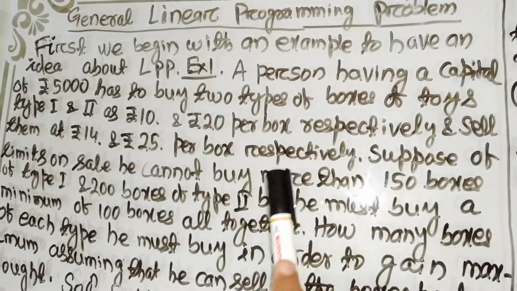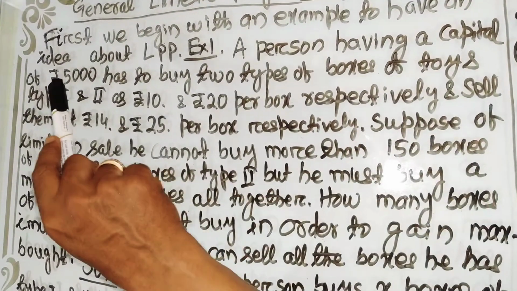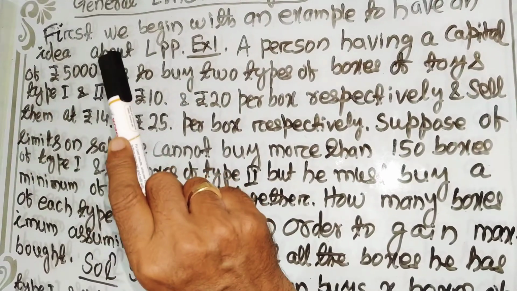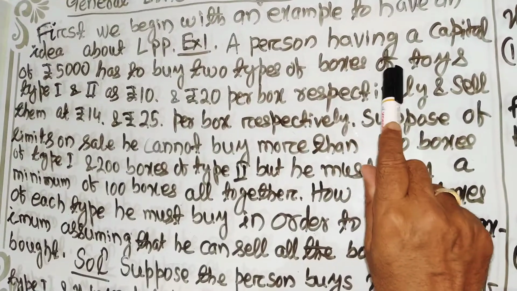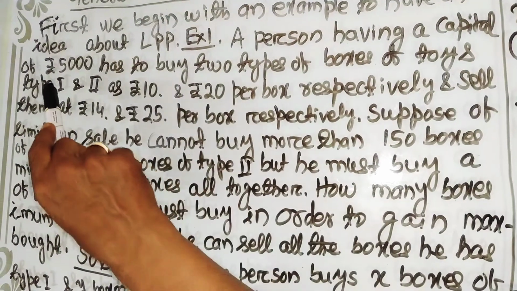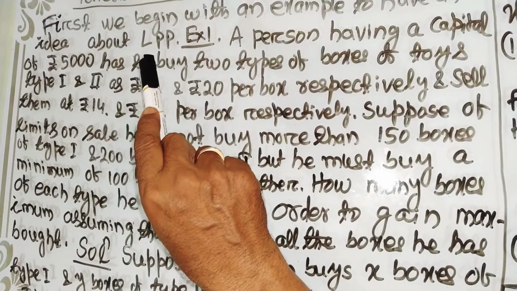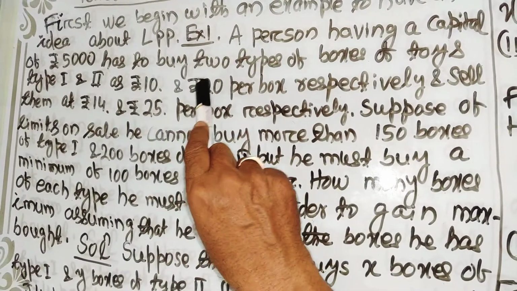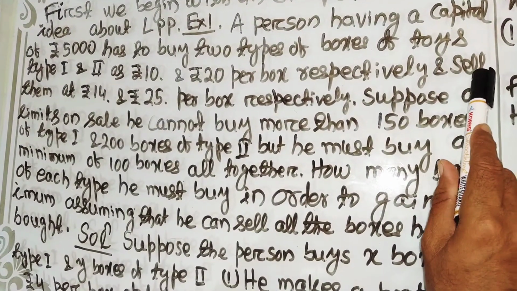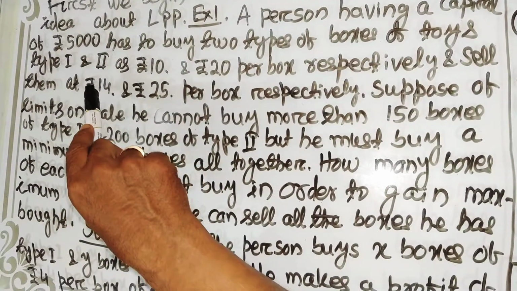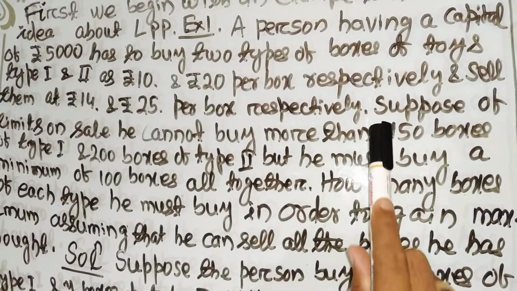Example 1. A person having a capital of 5,000 has to buy two types of boxes of toys, type 1 and type 2, at rupees 10 and rupees 20 per box respectively, and sell them at rupees 14 and rupees 25 per box respectively.